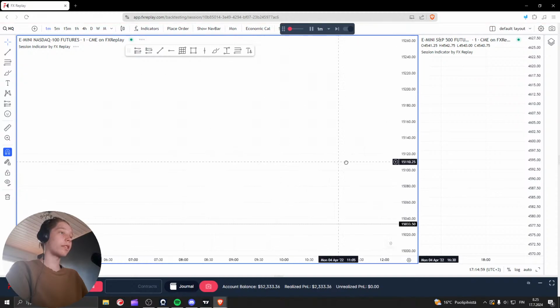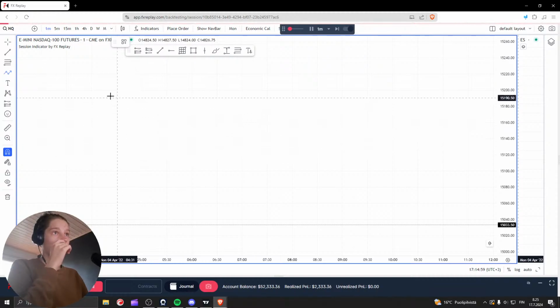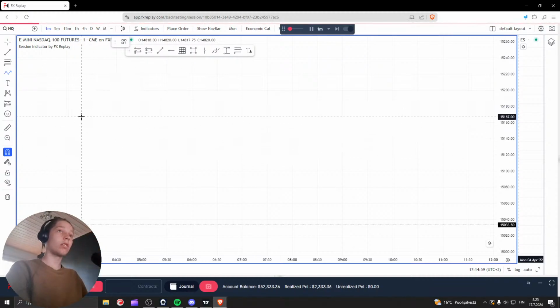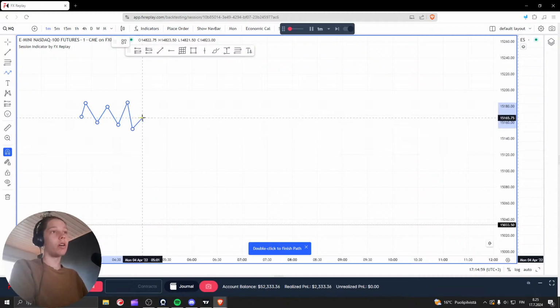So how do market maker models work? Let's just draw it real quick. First you build some type of liquidity. It doesn't need to be a consolidation like this. It could be just some external high.